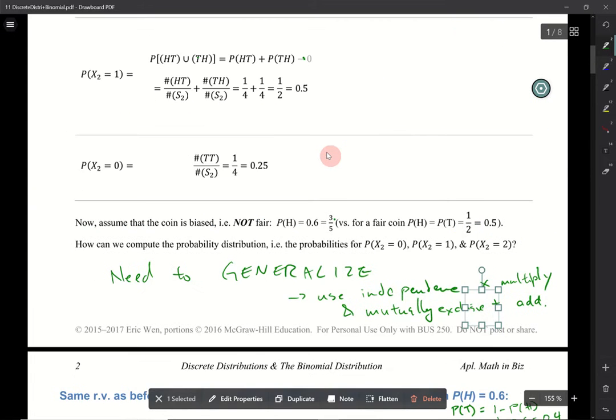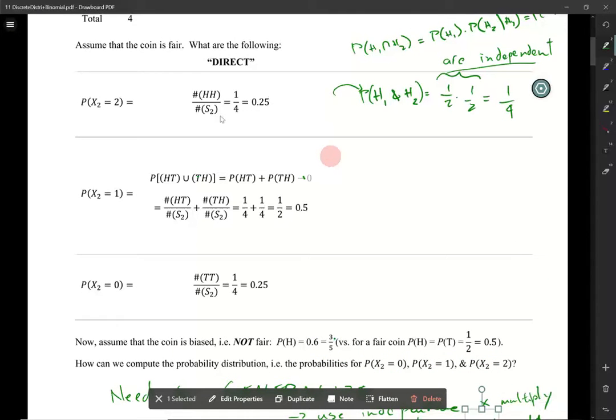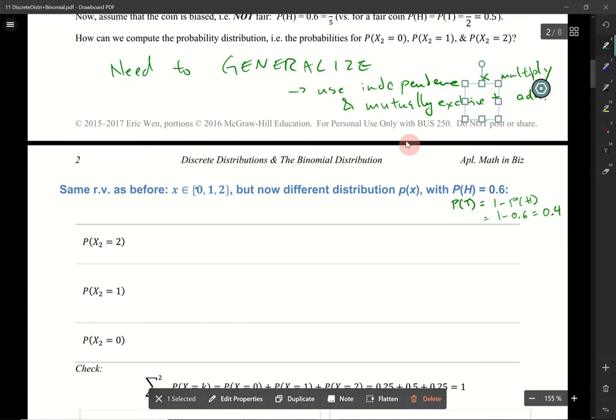So remember in this previous example, we looked at the probability of heads first and heads second as being independent events. And so we do assume independent and mutually exclusive.